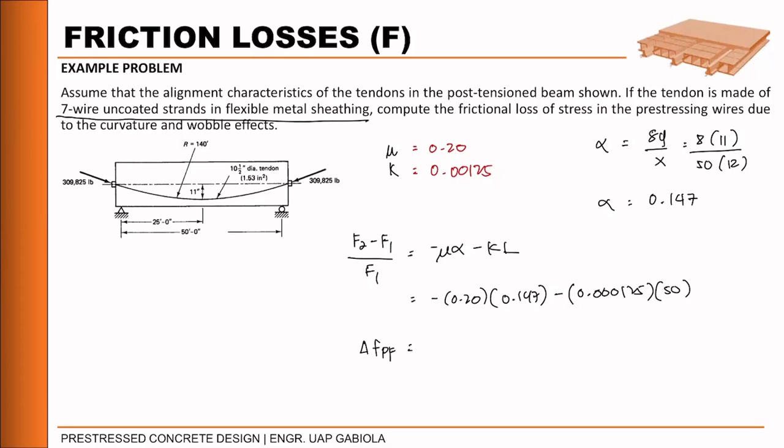Sobra na isang 0, no? Zero zero one two five. Answer of 0.0919 times yung 100, 9.19% na loss.